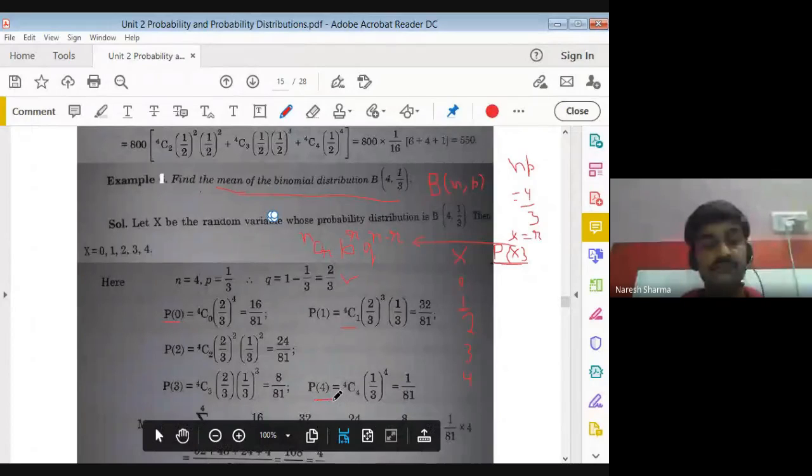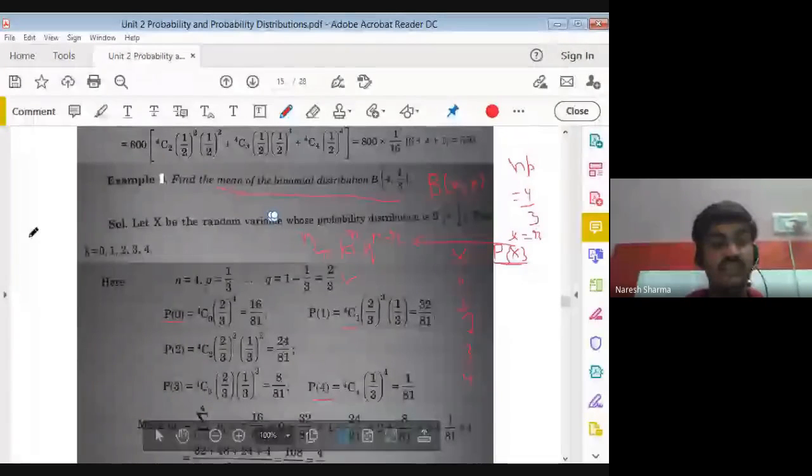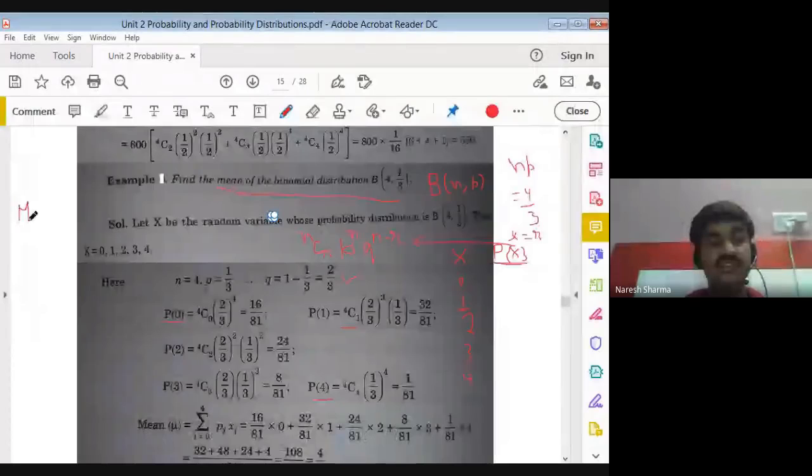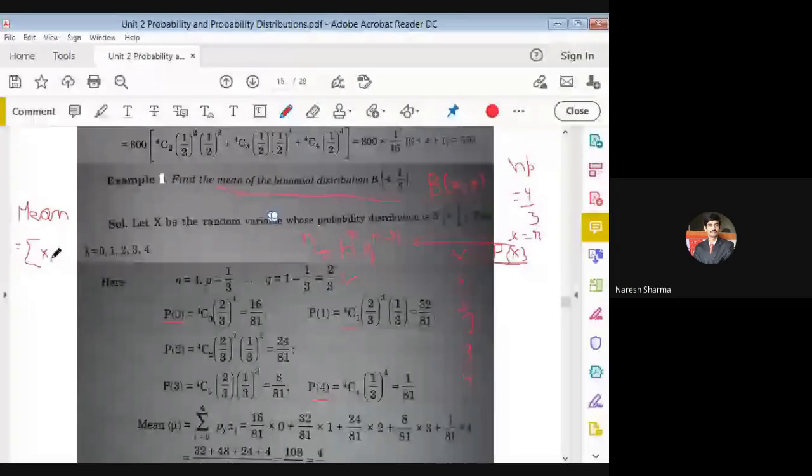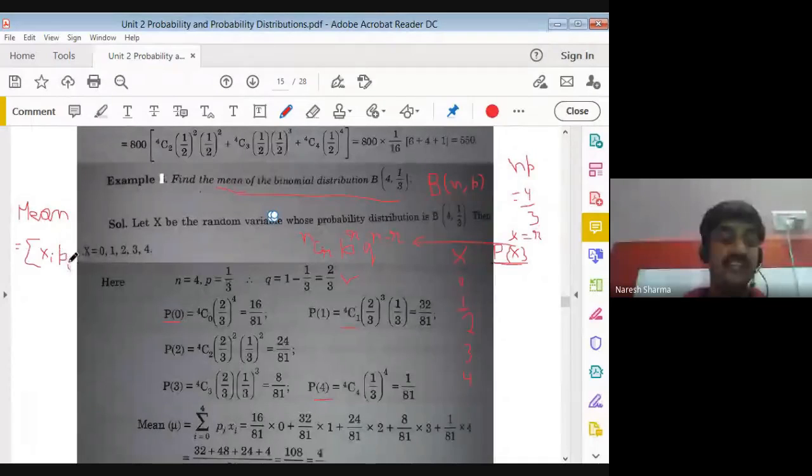And we know the mean by the standard definition only, not by the binomial distribution. In case of frequency, normally we say the sum of xi into fi. But in case of a probability distribution, we use pi instead of fi, divided by summation fi, the total frequency, but instead of frequency we are here using probability.